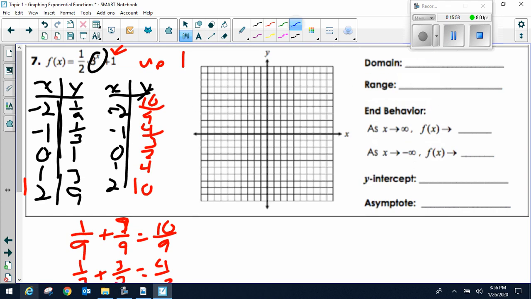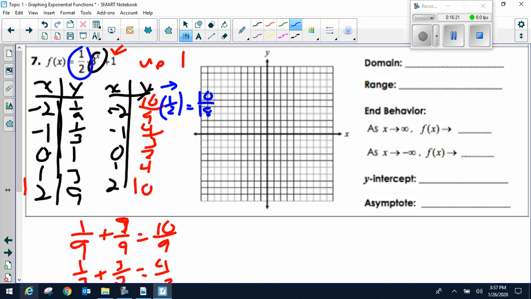But then you got this 1/2, which means I'm now going to take all those y values and multiply them by 1/2. So when I times them by 1/2, that's going to give me 10 over 18. So I have a point at -2, 10 over 18. Now 10 over 18 is like 0.555.